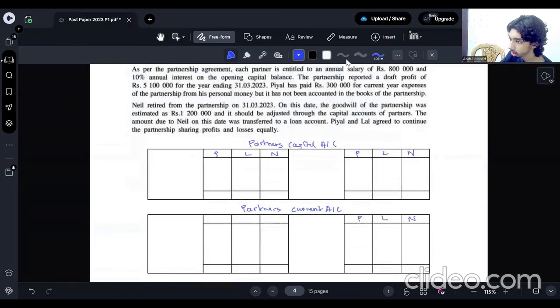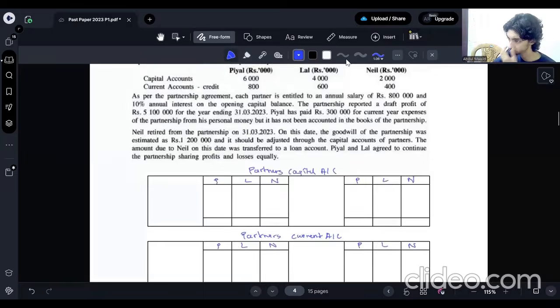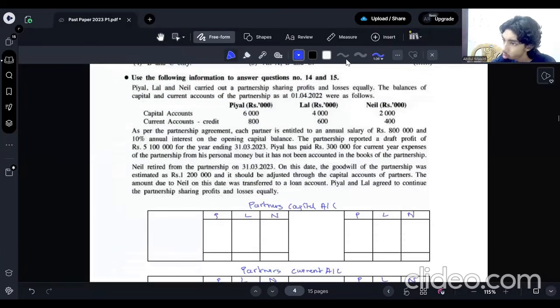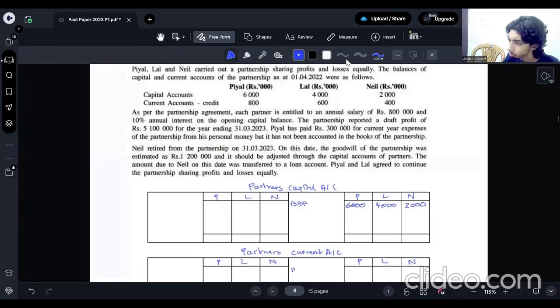Opening balances you can record as balance b/d: 6000, 4000, 2000. And all partners have a credit current account balance b/d.